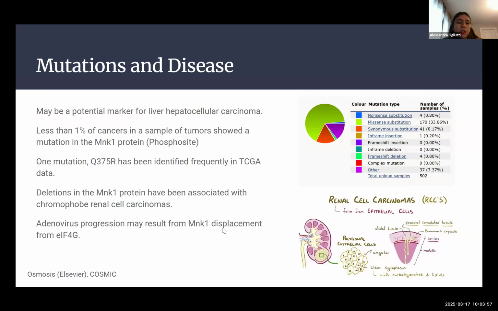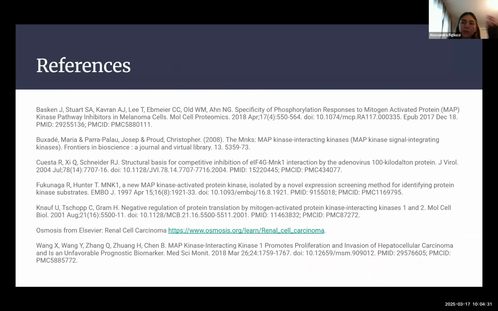And interestingly, adenovirus progression may result from a viral protein docking onto EIF4G, causing displacement of MNK1, which leads to the absence of EIF4E phosphorylation and halting translation. And I would expect that this protein is overexpressed or highly mutated in cancer, considering its relation to translation, as well as its potential link to the cell cycle through the MAP kinase and ERK pathway. And here's my references.